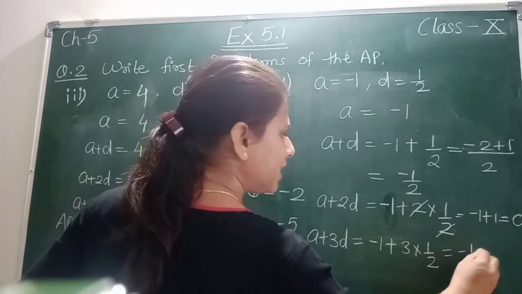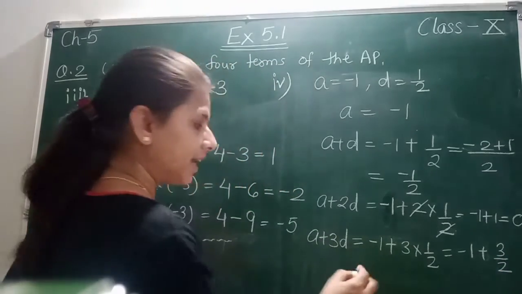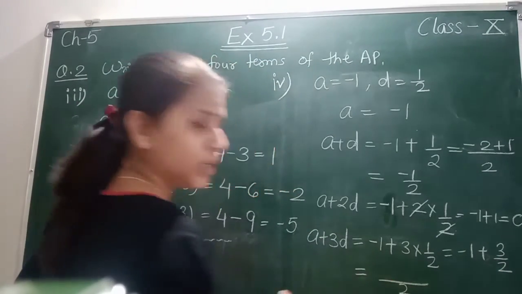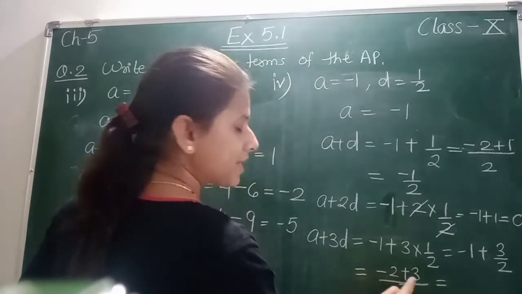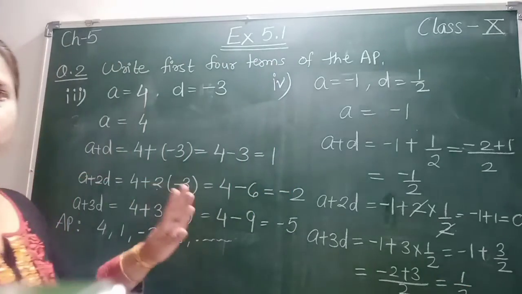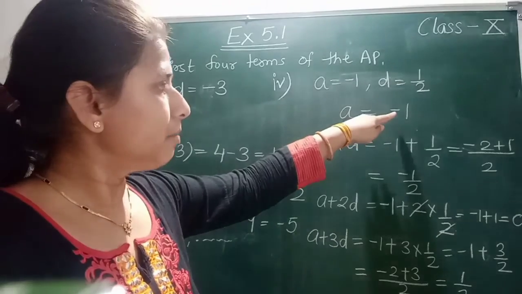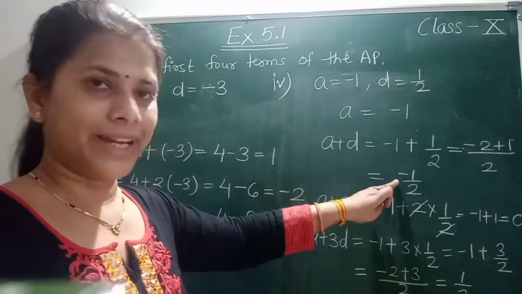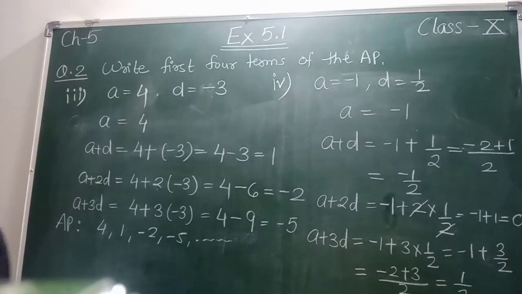We will get minus 1 plus 3 upon 2. Now we will take the LCM again. The LCM will be 2. Minus 2 plus 3, which is equal to 1 upon 2. So the four terms of this AP are minus 1, minus 1 by 2, 0 and 1 by 2.